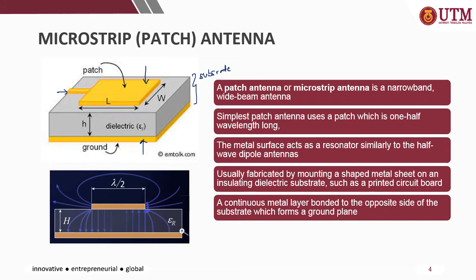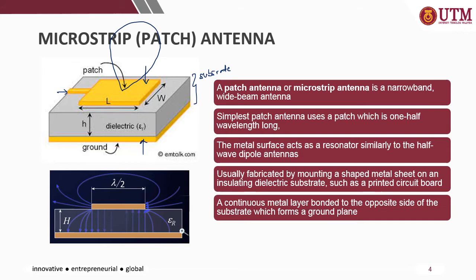Okay, the microstrip patch is designed so its pattern is maximum normal to the patch, a broadside radiator, so it's maximum radiation in that direction above the radiating structure. The patch antenna usually is a narrow band or wide beam antenna.